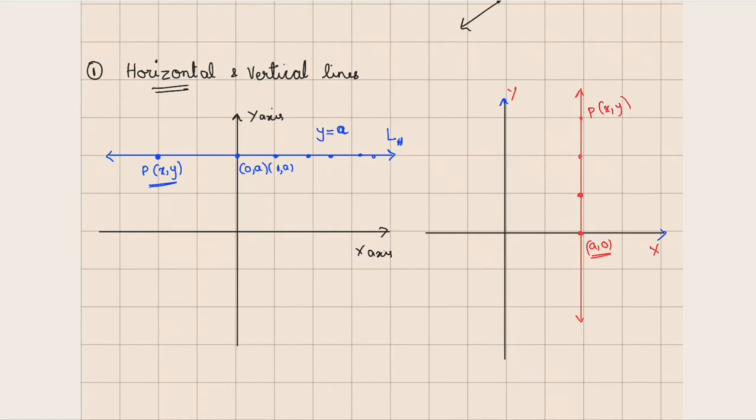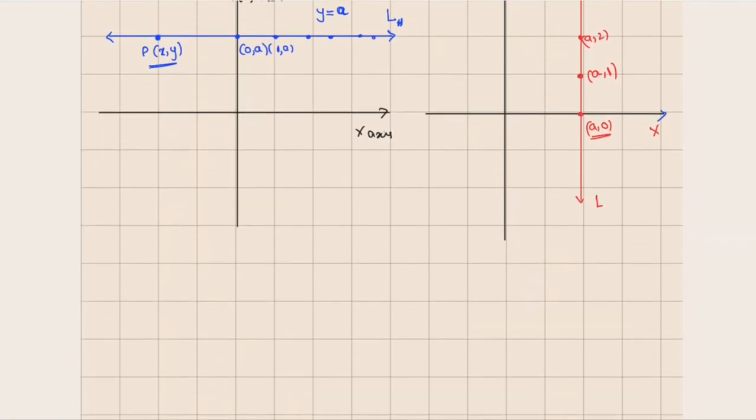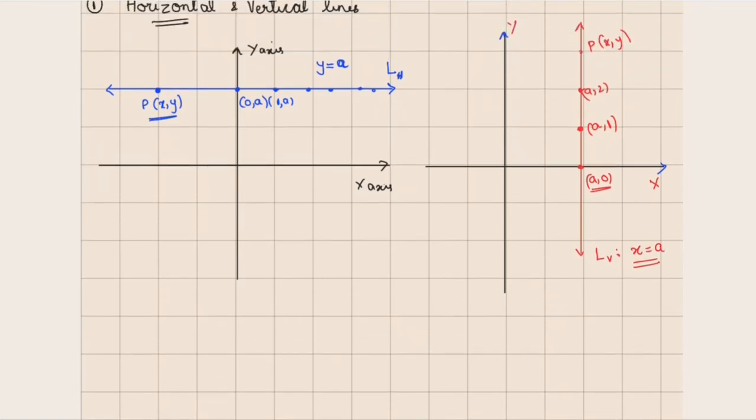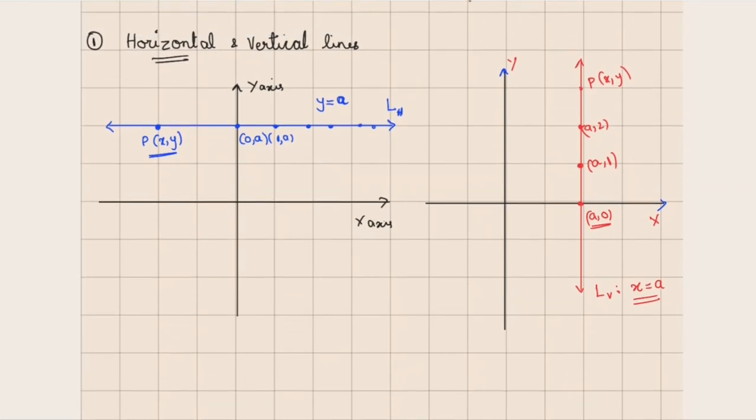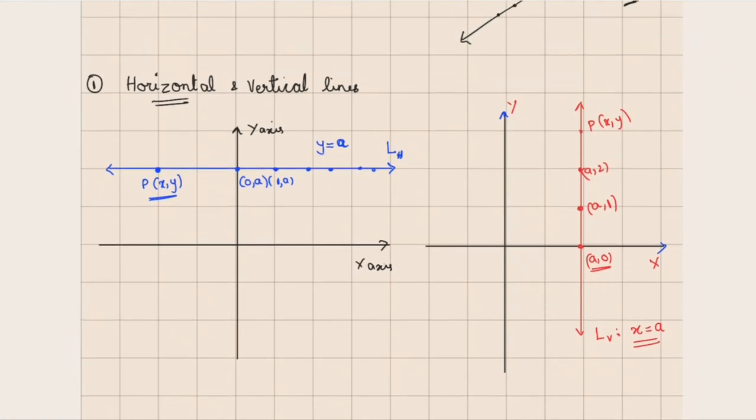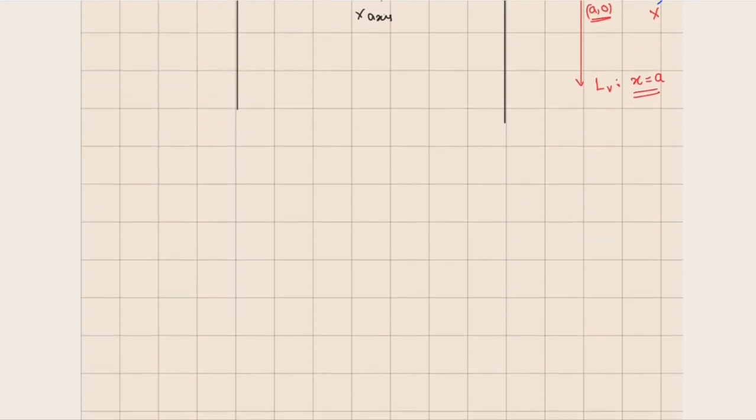If you take any other point, for all these points the abscissa is the same, which is a, and the ordinates are different. So we can represent this line L vertical as x equal to a, where a is the point where it intersects the x-axis. So these two are the equations for horizontal and vertical lines: y equal to a for horizontal, x equal to a for vertical lines.